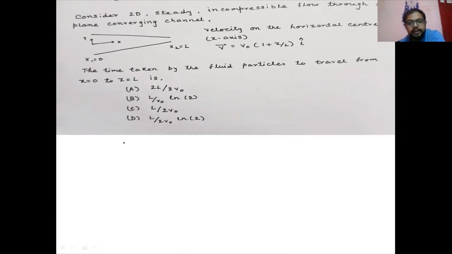So the velocity vector is given as a one-dimensional flow. As it is a one-dimensional flow, u is nothing but v0 times 1 plus x by L. u is equal to dx by dt, as the Lagrangian concept is taken.